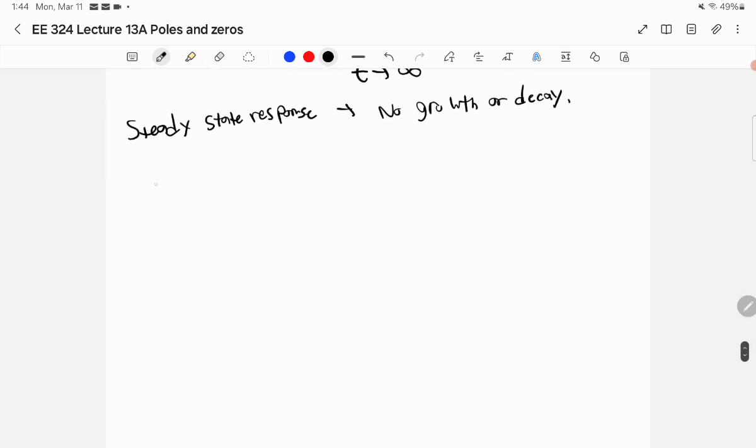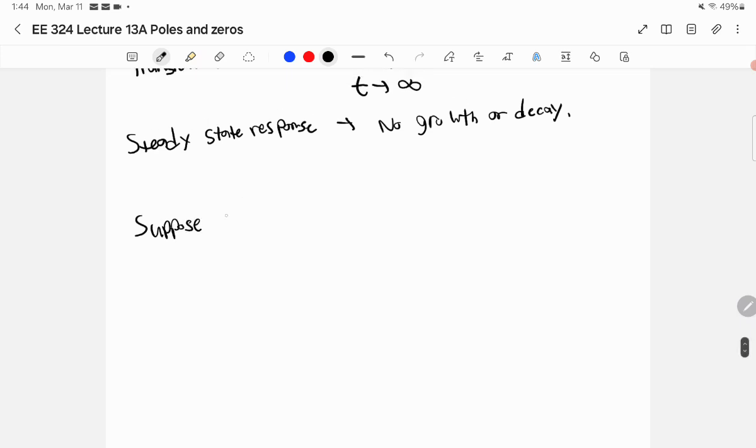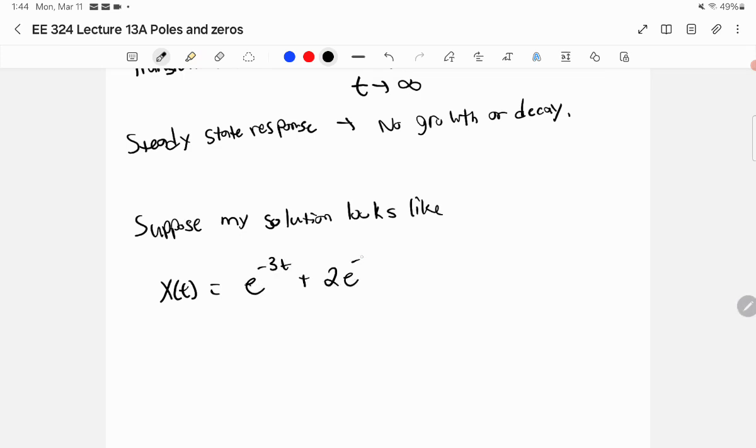So you can imagine, for instance, suppose my solution x of t, my solution to the differential equation that we've been looking at, looks something like this: e to the minus 3t plus 2e to the minus 2t plus e to the minus t plus sine of 3t plus 2 times cosine of 3t.